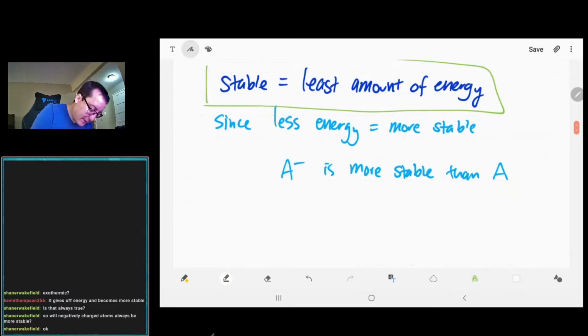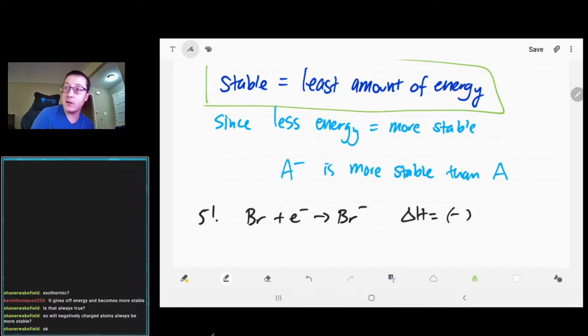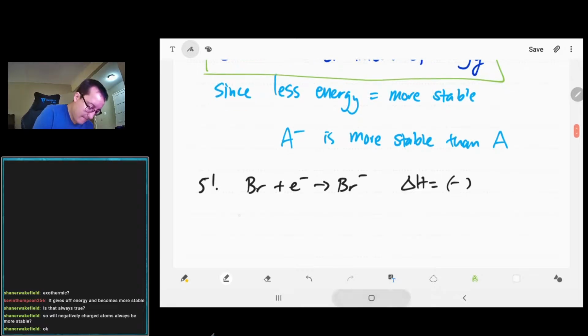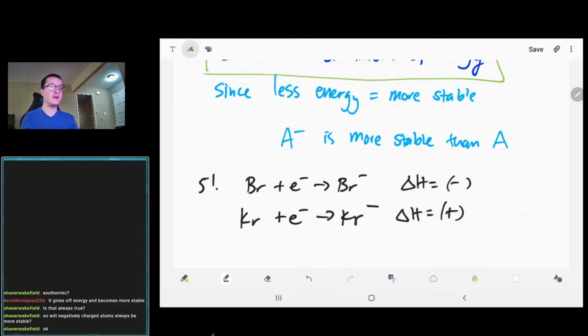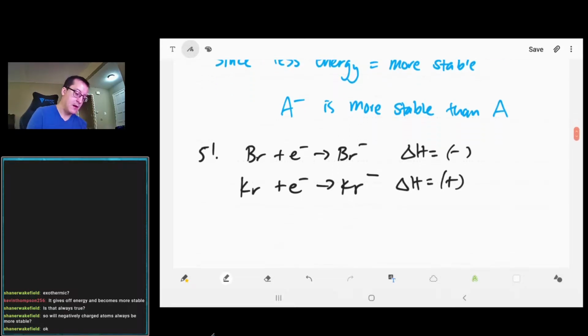So question 51 says that for bromine, delta H is negative. For krypton, delta H is positive. So this is exactly your question, Shane, with actual examples.